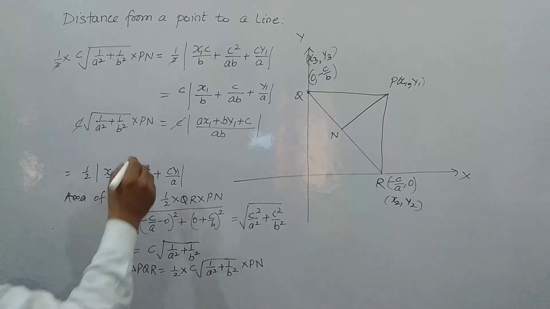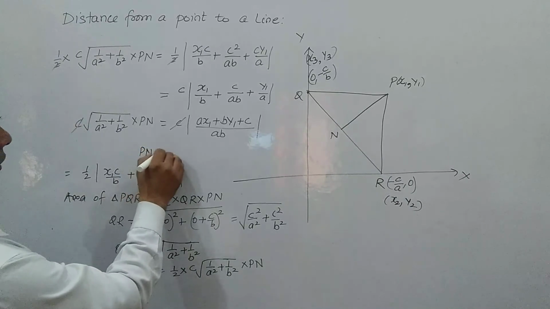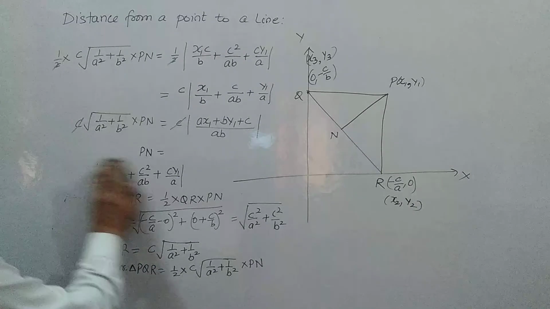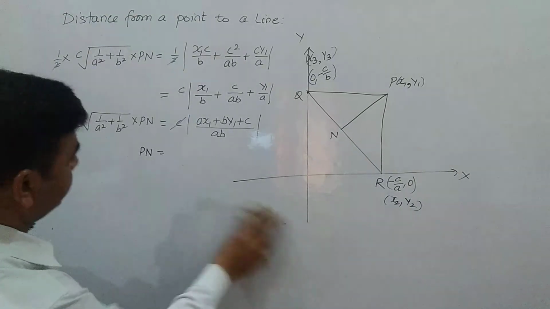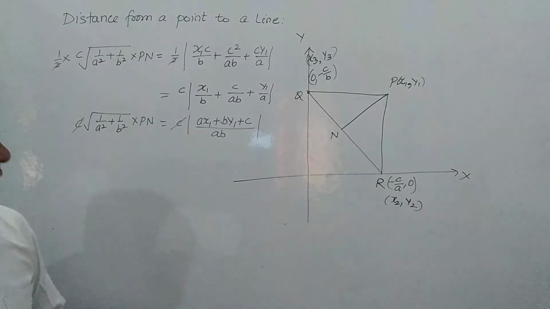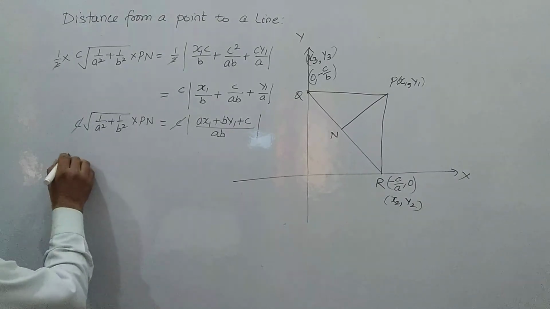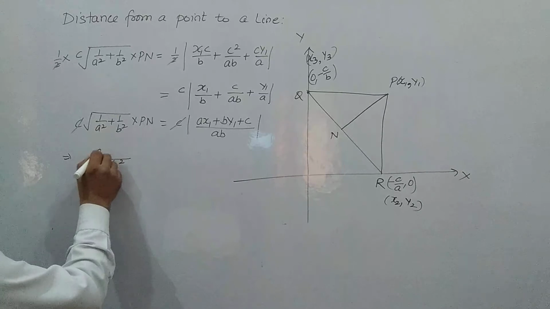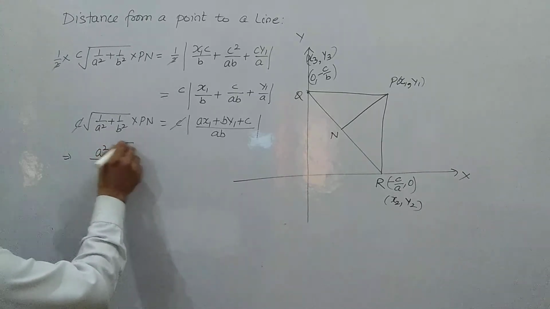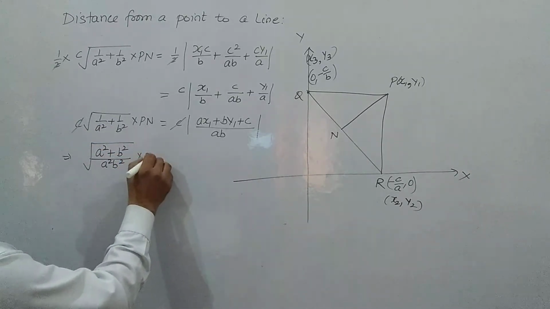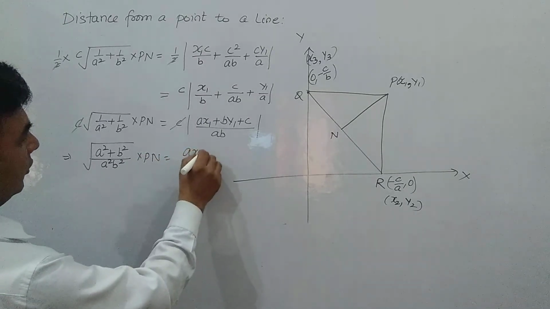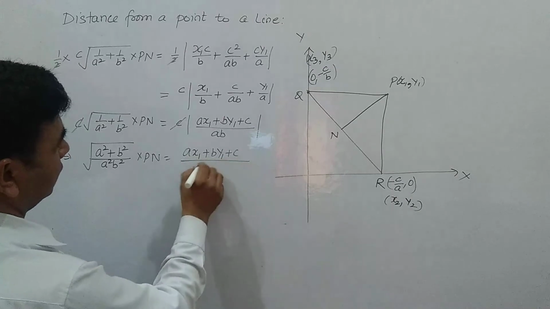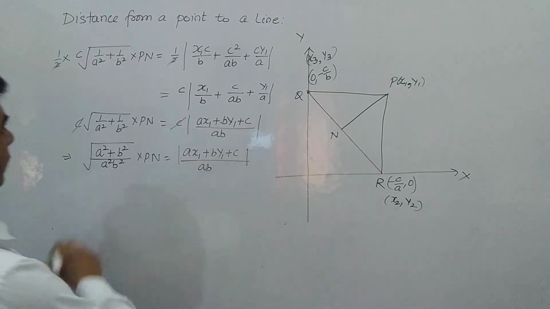So value of Pn will be given by how much? Before finding the value of Pn, let me take LCM as well. A square B square is the LCM. This is A square plus B square under the root into Pn is equal to AX1 plus BY1 plus C upon AB modulus.